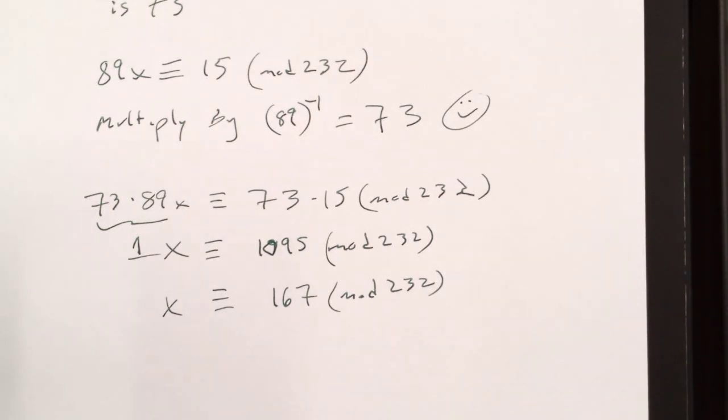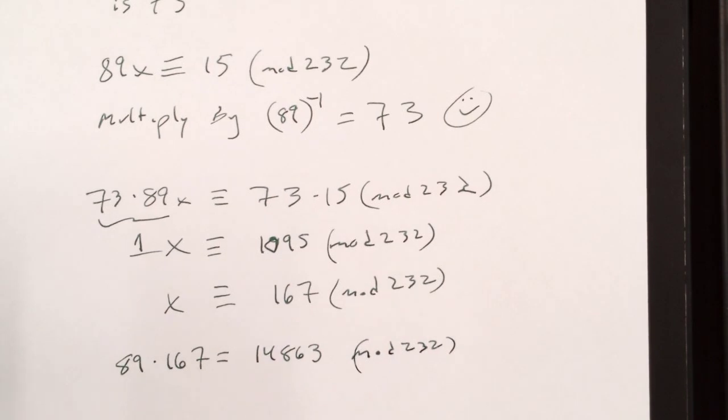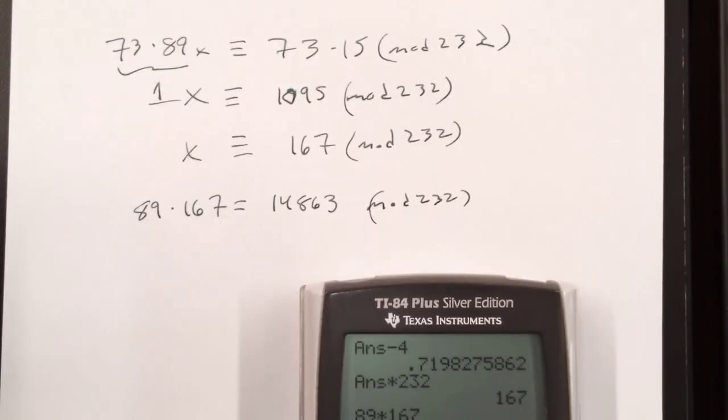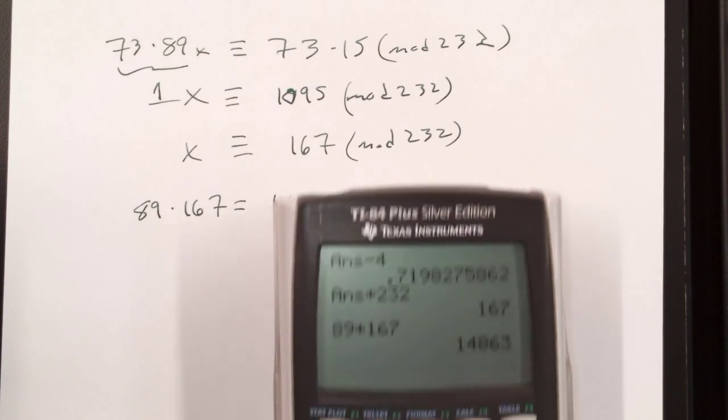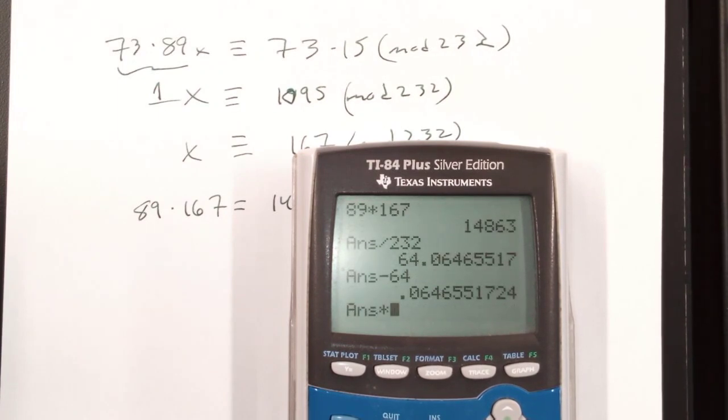Let's check. What's 89 times 167? And when I take that mod 232, if it isn't 15, I have a problem, right? Divide by 232, take the fractional part, remultiply by 232, and there's the 15 I wanted.